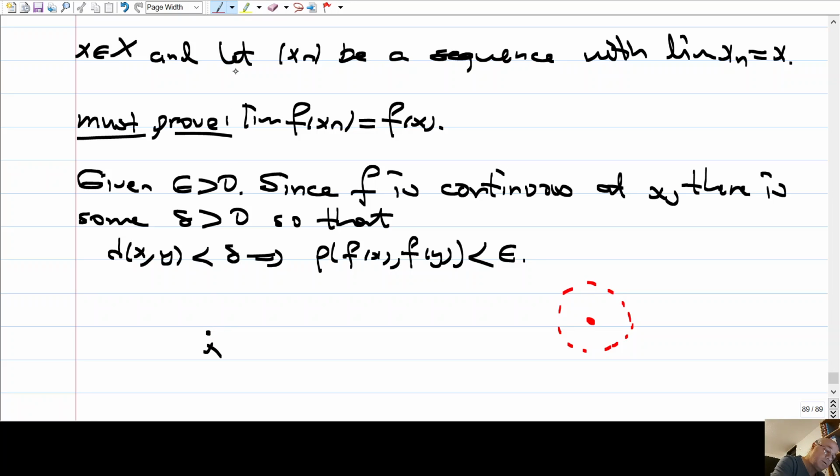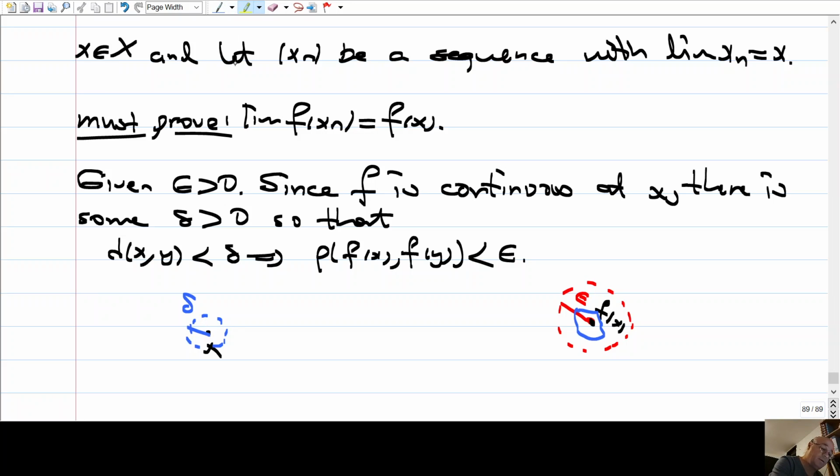This is the epsilon ball around f of x, and I have a delta ball around x, so that its image is mapped to this epsilon ball. So that's the picture.